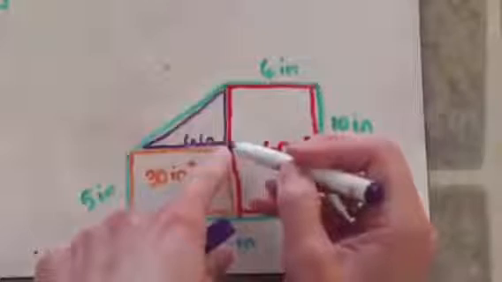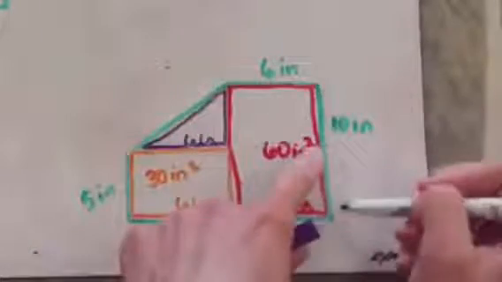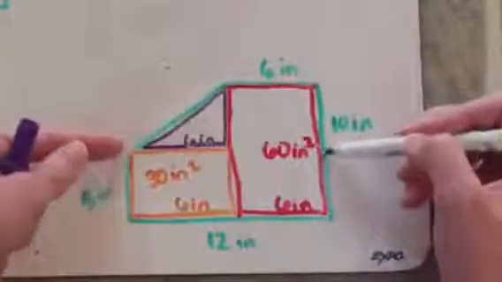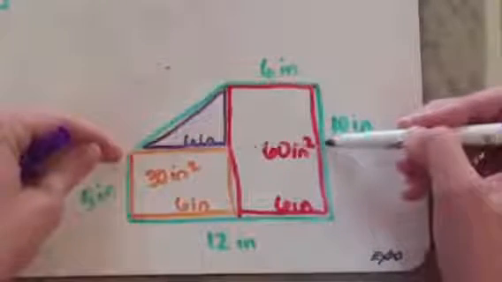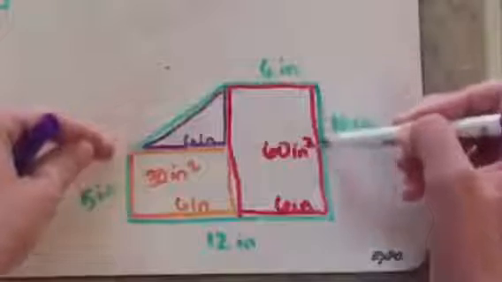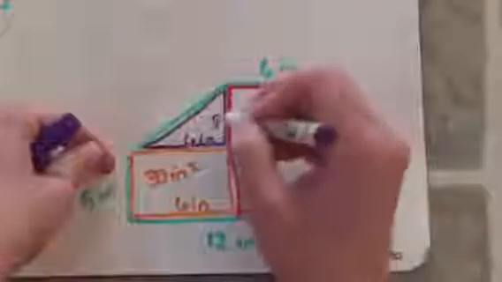I'm going to look across to see if there's anything over here that can help me. Well, I know that this entire side length is 10 inches. I know that 5 of those inches are taken up when I get to this point, and so that must mean that there are 5 inches left here. So the height of my triangle is 5 inches.